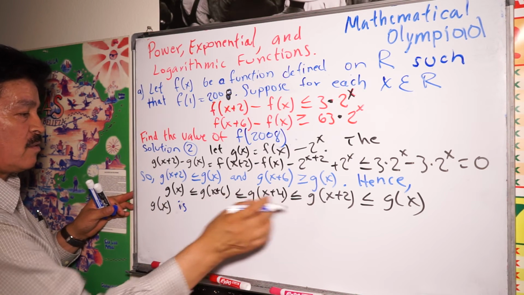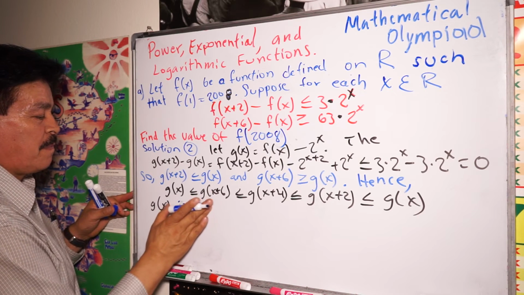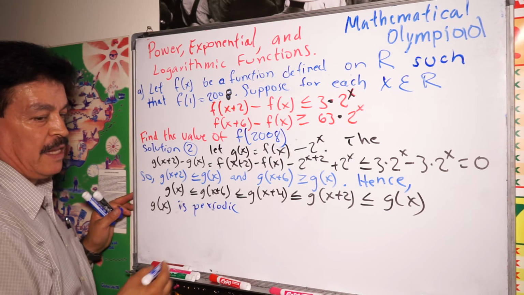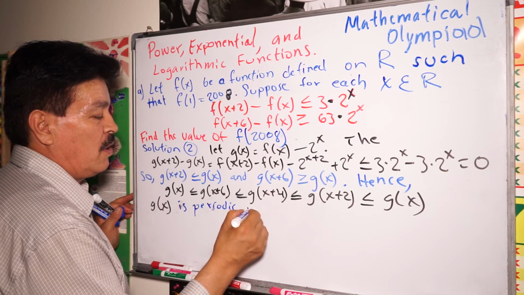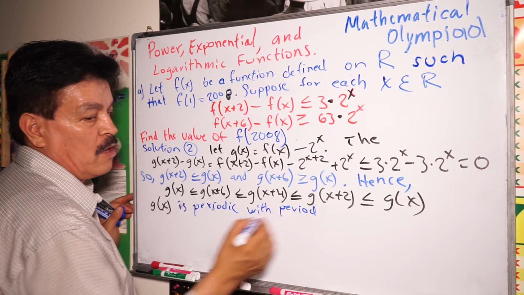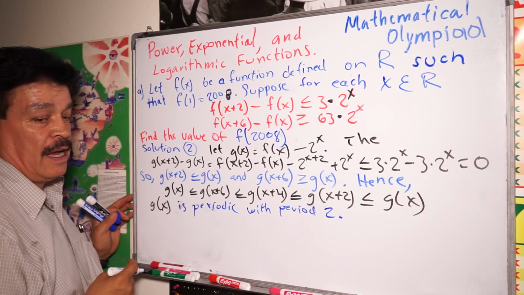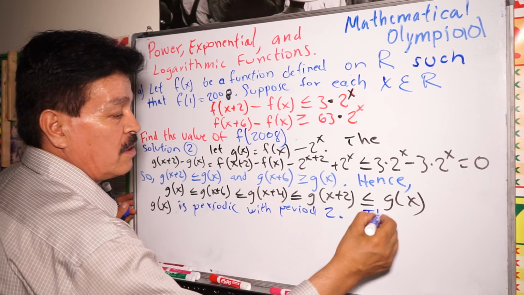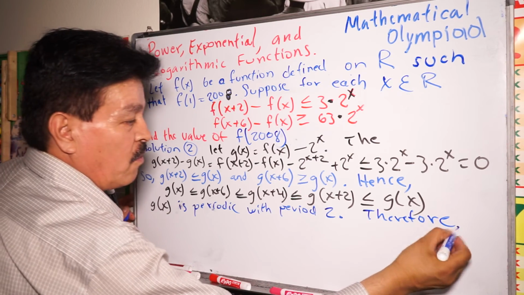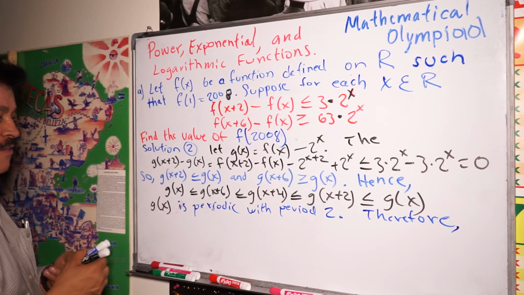See? g(x) right here is periodic, with period number 2. Therefore, look at this, this is the final step.